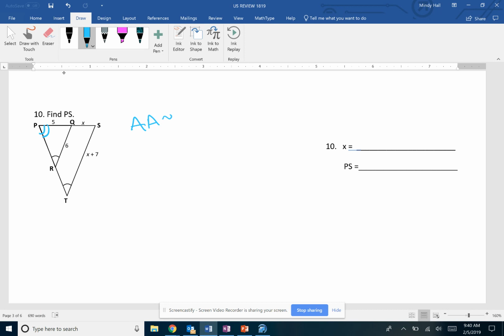When you set up your proportion, you'd have 5 over 6 equals, remember PS is the entire long side, and it's 5 and x, so you'd have 5 plus x over, and then your long side is just x plus 7, and they just give that to you. So when we cross multiply, we have 6 times 5 plus x equals 5 times x plus 7.